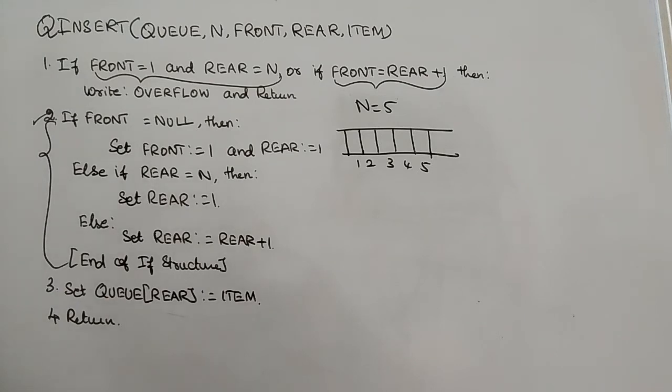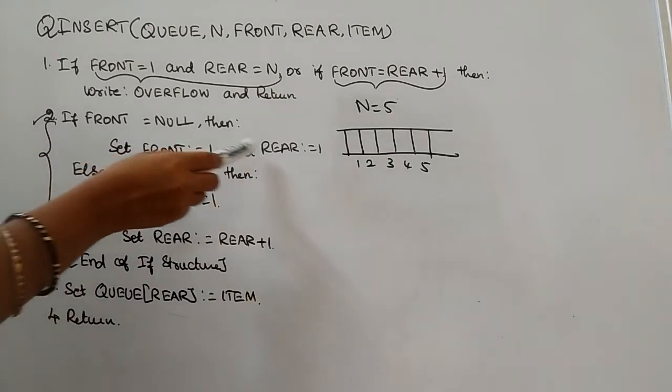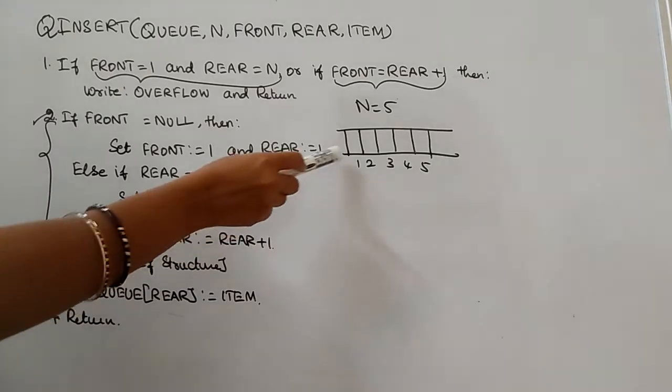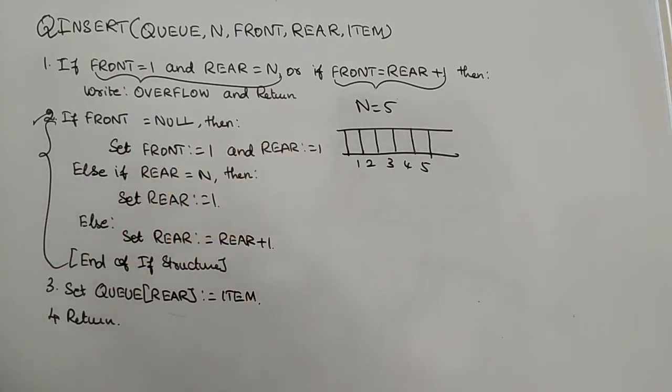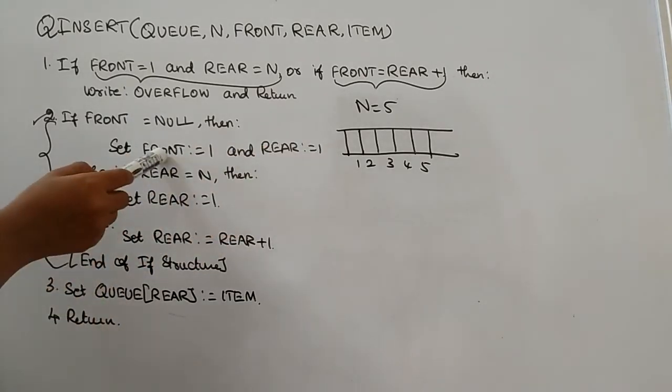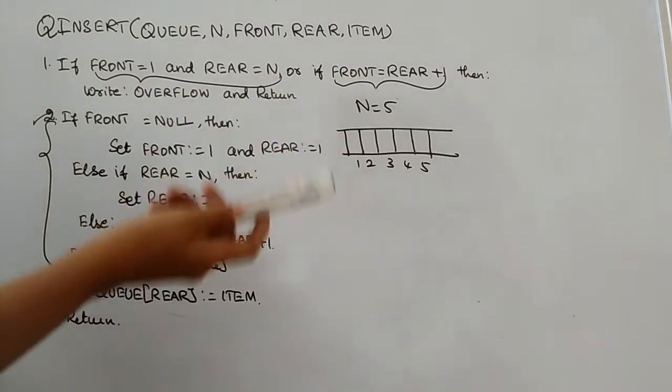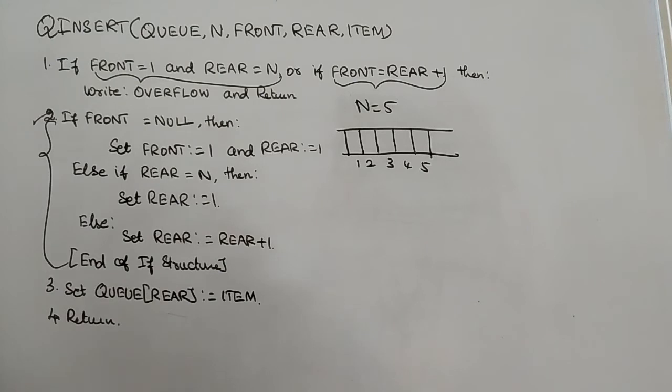Because we are just setting the position for the front, and rear is equal to 1 because this is the first element to be inserted into the queue. That's why here we are setting front colon equal to 1 and rear colon equal to 1.